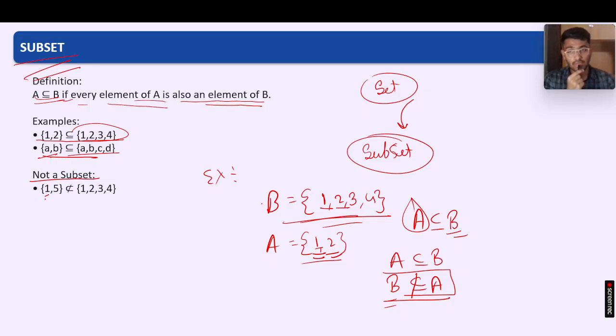There's an element 1 which is in this set and also in this set, no issues about it. Now going further, for being a subset of this set, 5 should also be there in this set, but it is not there. So that's why 1 comma 5 is not a subset of 1 comma 2 comma 3 comma 4.